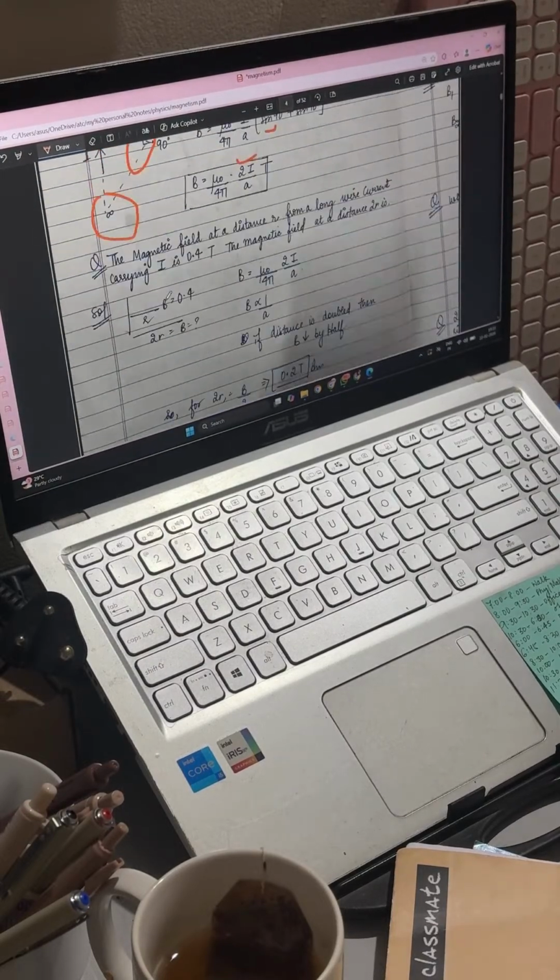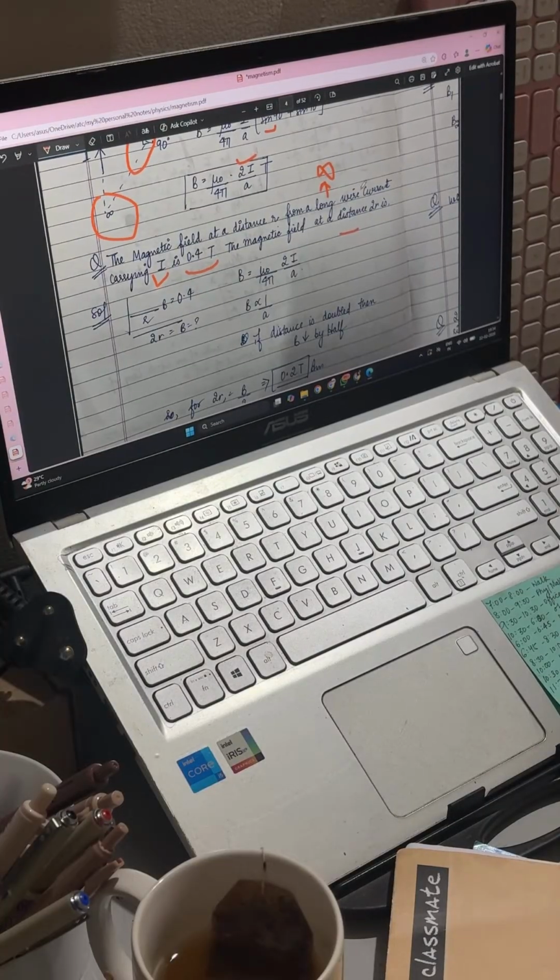Okay, next. The magnetic field at a distance r from a long wire, again long means infinite, carrying current I is 0.4 Tesla. They have already given the magnetic field, and they have given current as I. Find the magnetic field at a distance 2r.